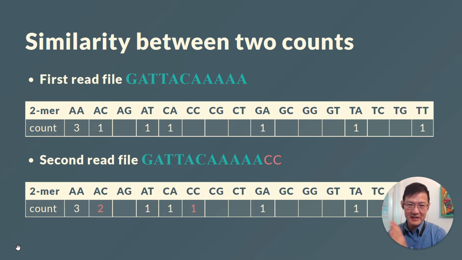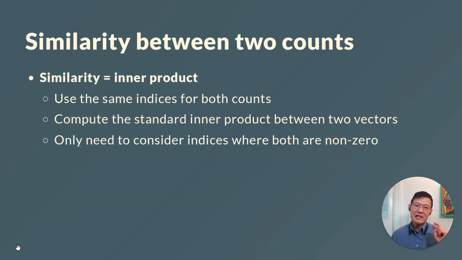You're comparing each column of this array, and you only need to compare when both of them are non-zero, because as soon as one of them is 0, the product of those 2 things is 0. So we only need to consider the indices where both are non-zero. It turns out that you can exploit this to count things a lot quicker. We'll come back to this a little bit later.